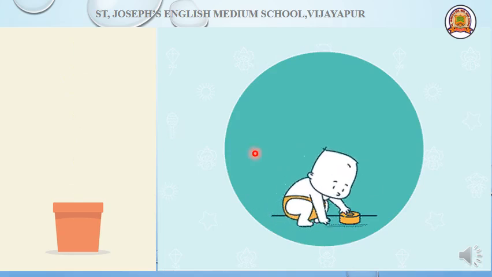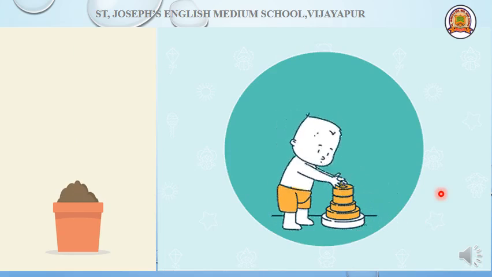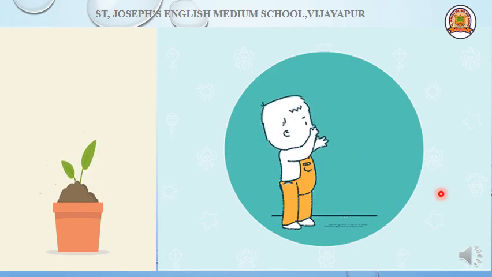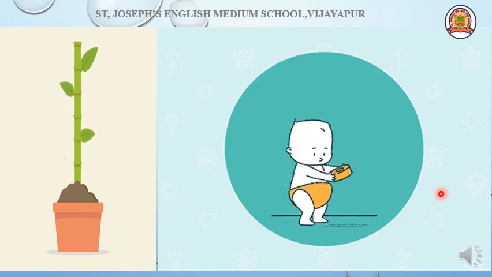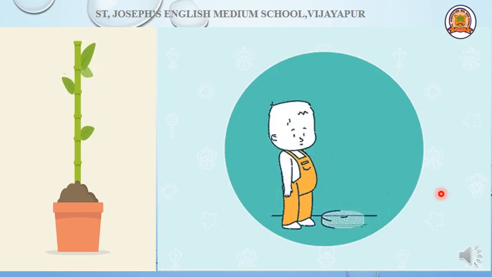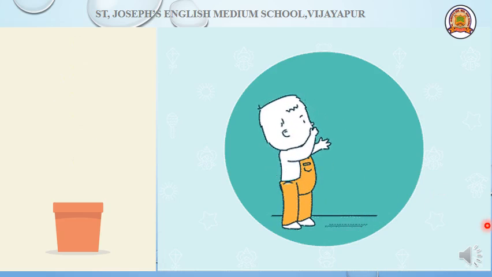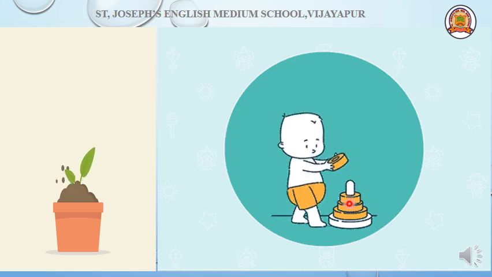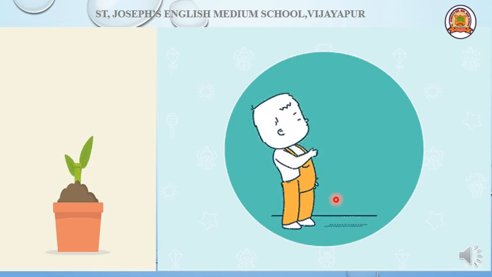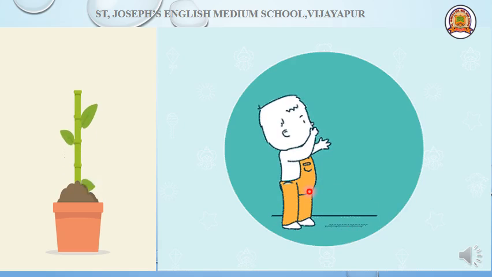No, not possible. And growth of a baby, or a puppy into a dog, kitten into a cat, growth of a baby into a boy, boy to youth, youth to adult, then grandparents. Right? This is the life cycle of a human being.